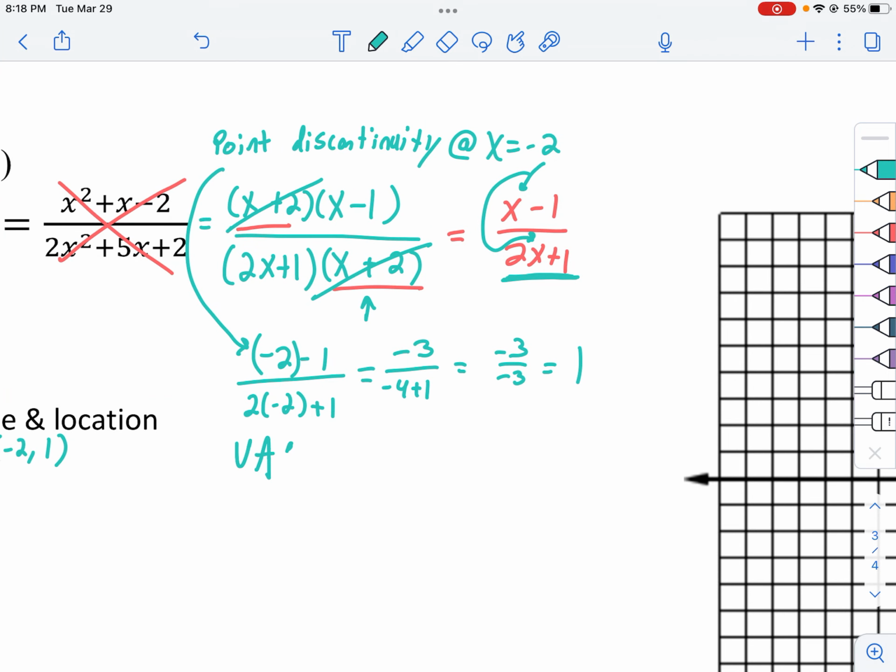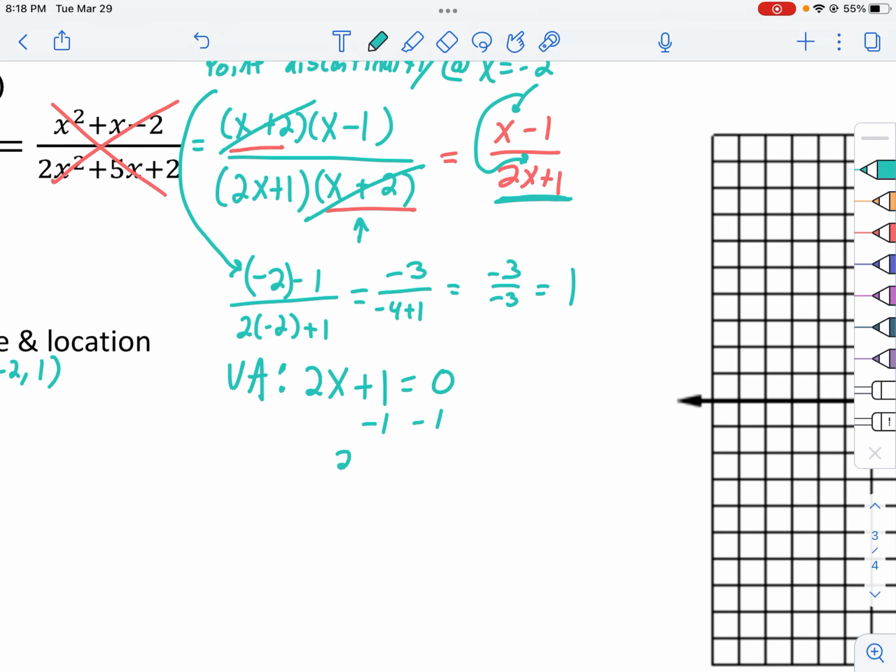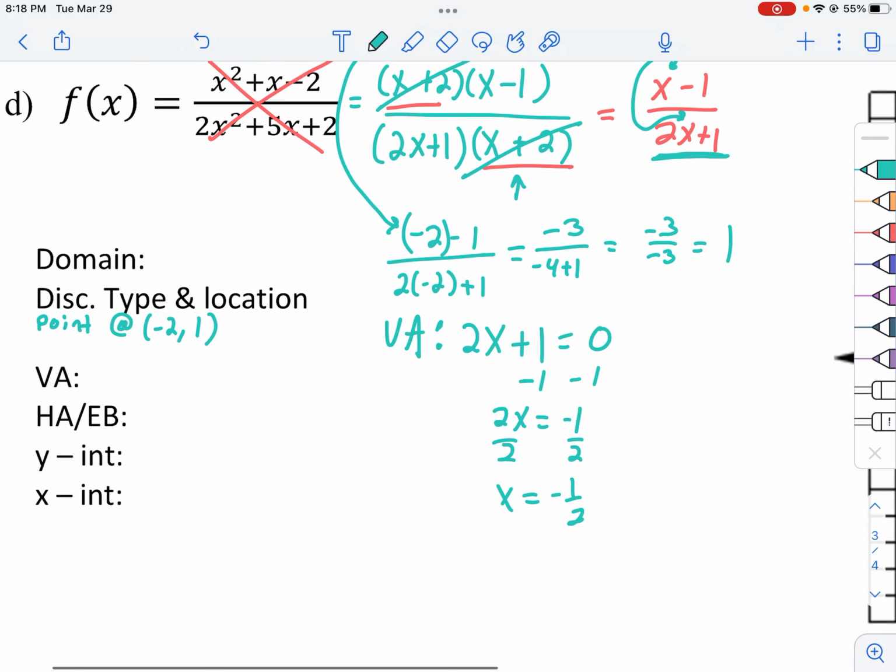So we have a vertical asymptote we need to find, and that's when we set the bottom, 2x plus 1, equal to 0, and solve for x. So then we have a vertical asymptote at x equals negative 1/2, which means there's infinite discontinuity at x equals negative 1/2.